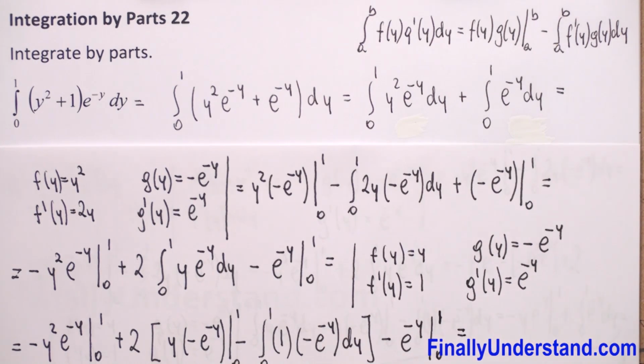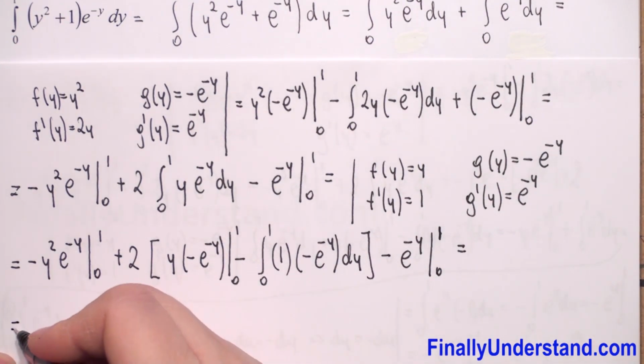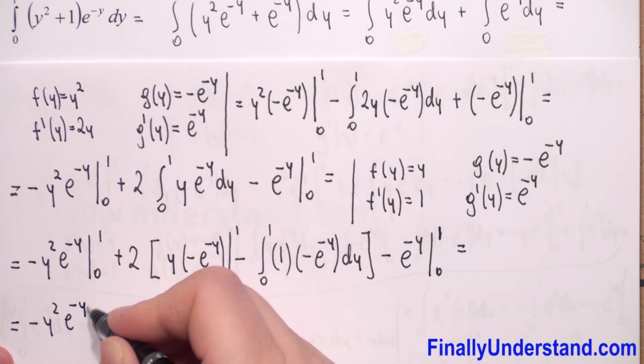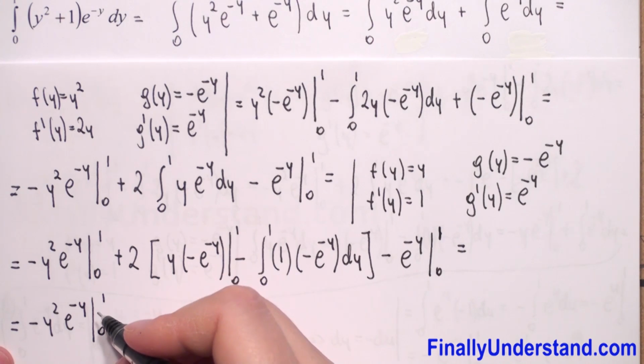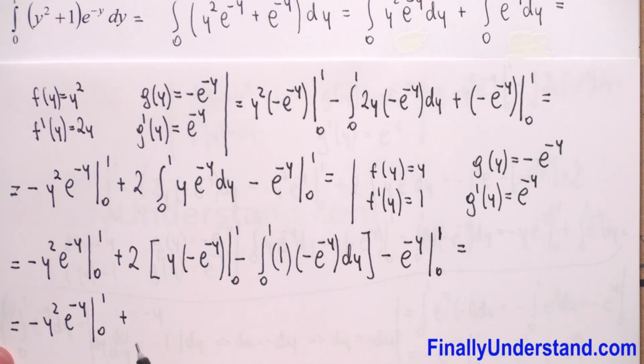So this is equal, we have negative y squared e to the power negative y, limits from 0 to 1, and we have plus 2 times this expression.